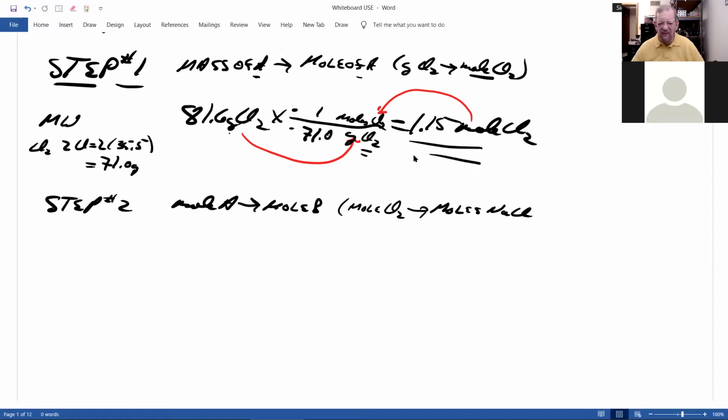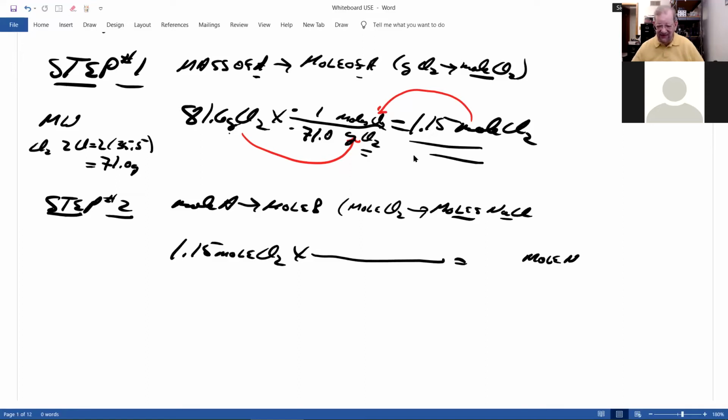We use the number we just calculated. Again, this is step two: 1.15 moles of chlorine gas, Cl2. We want to go to moles of sodium chloride, because that's how you get to the final answer using this three-step method.